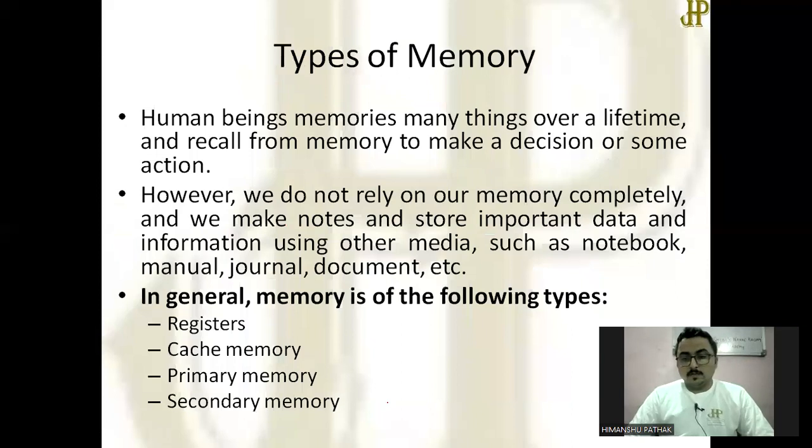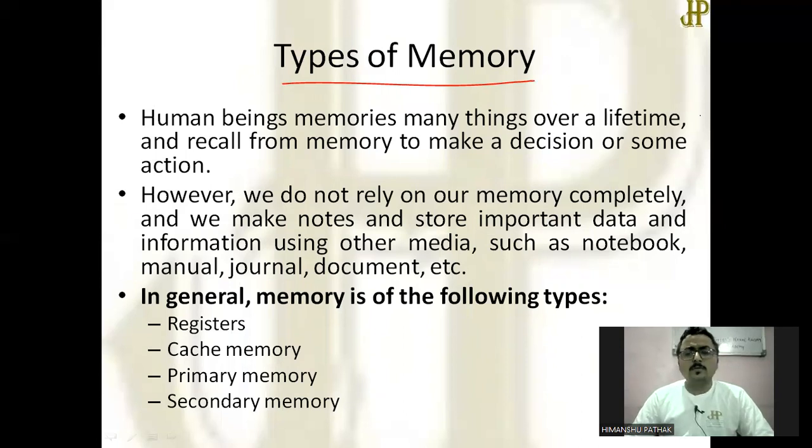Now, the next topic is types of memory. As we already saw, there are 3 classifications of memory. One is used for primary memory, another is used for secondary memory.